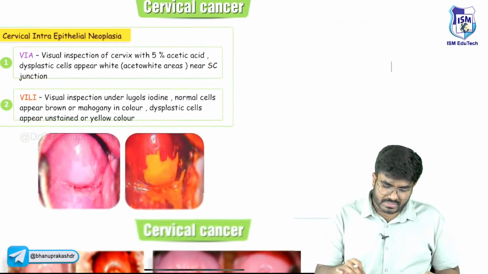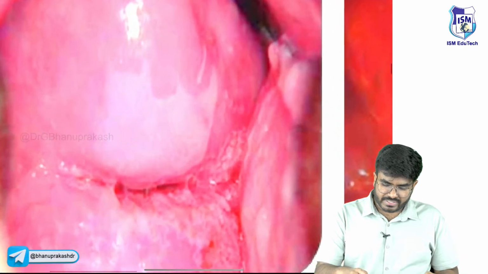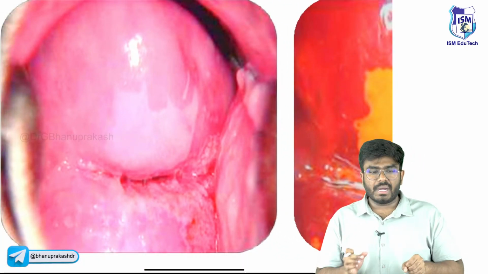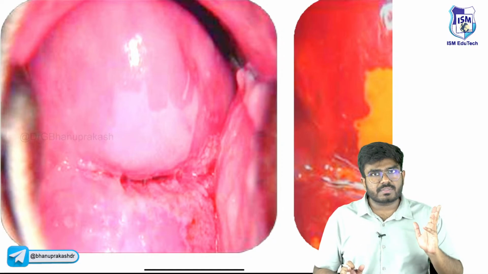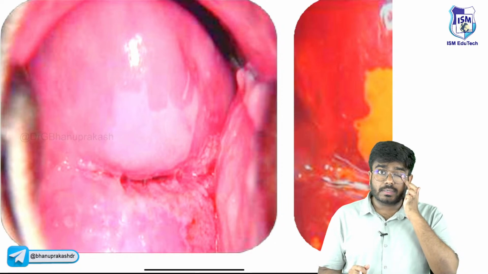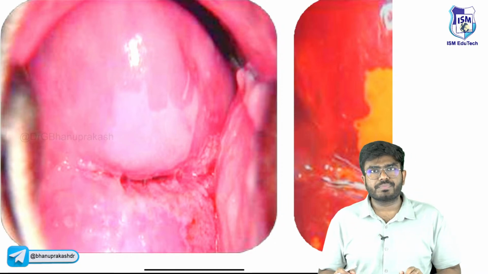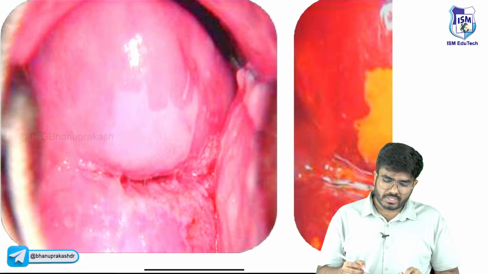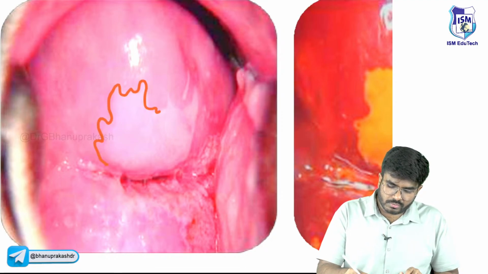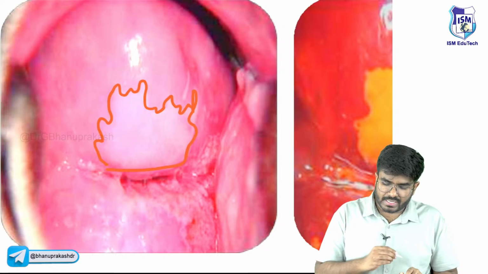So what is this VIA and VILI, sir? For example, look, now this is the cervix. I cannot see any lesion over here. The cervix is looking normal, but in the pap smear it is abnormal. There are dysplastic cells. Then what you have to do is put some acetic acid here. When you put acetic acid, that dysplastic area is going to show white color, aceto-white areas.